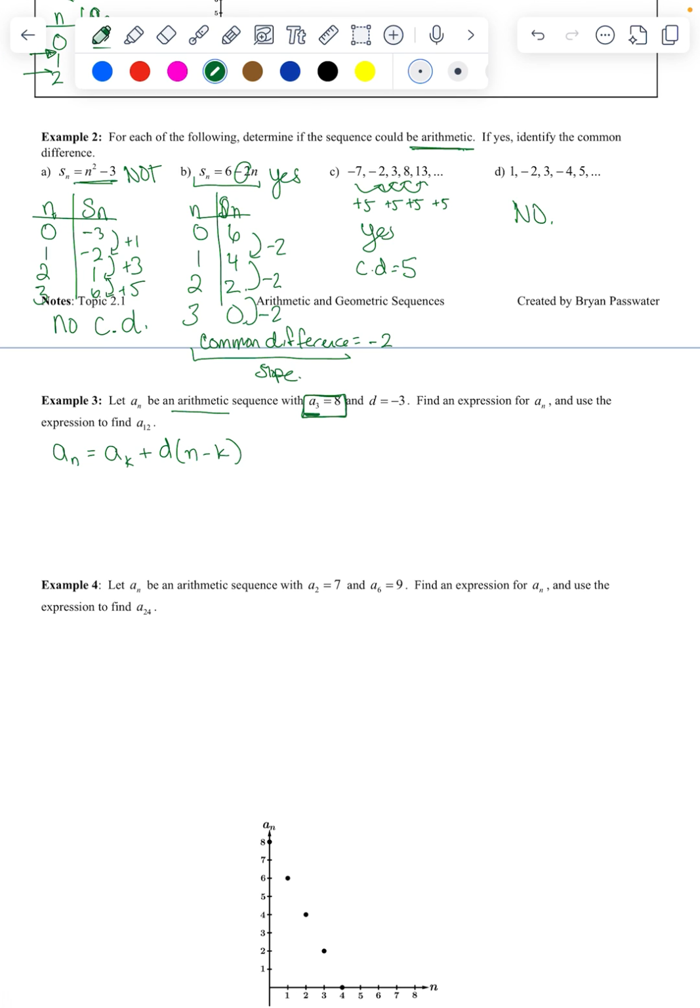This is telling you that the kth term that we are focusing on is this a sub 3. So a sub k is going to be whatever a sub 3 is. And that's going to be 8. The d is going to be -3.